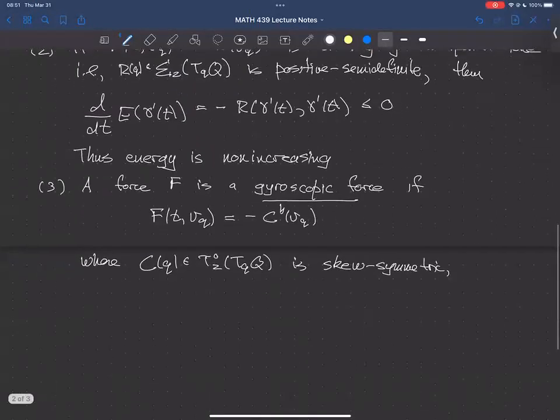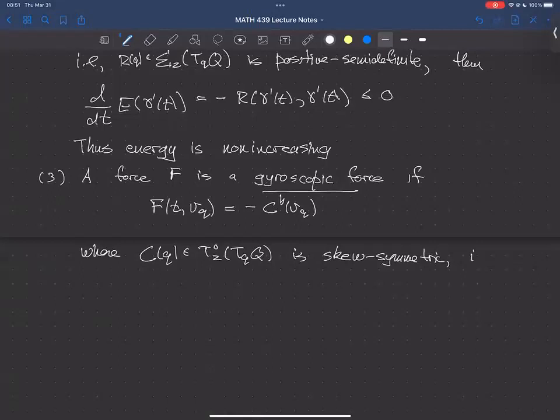I'm guessing you're familiar with that term, but in case you're not, it means that C, when I give it two vector arguments, let's say u_q, v_q, is minus C of v_q, u_q. So when you swap the arguments, it changes sign.